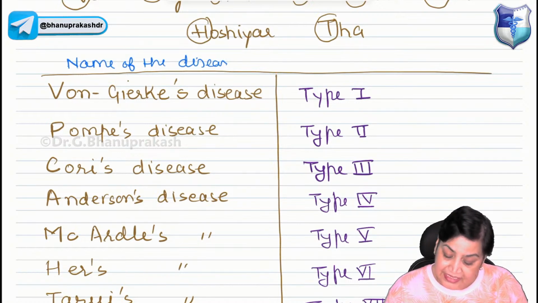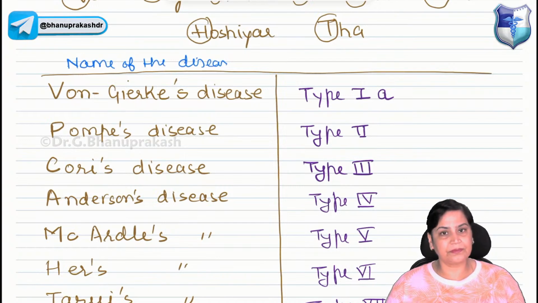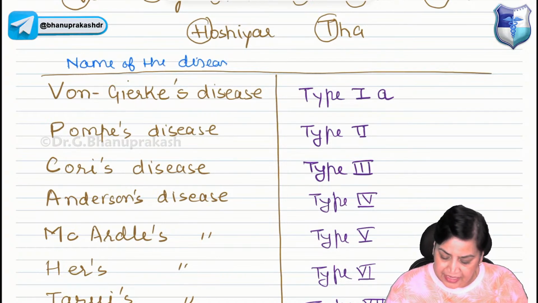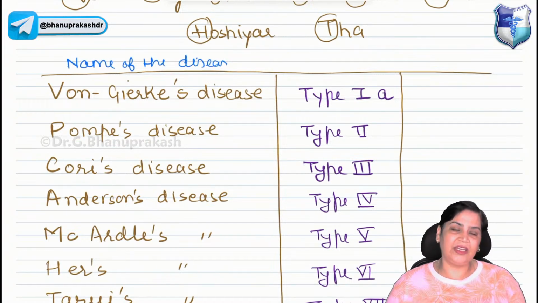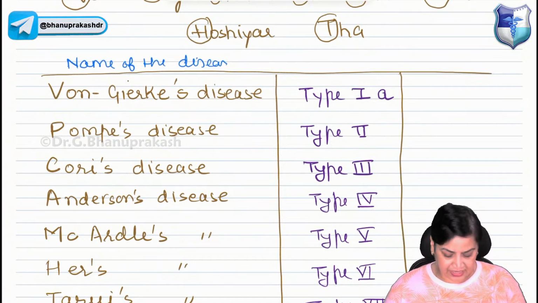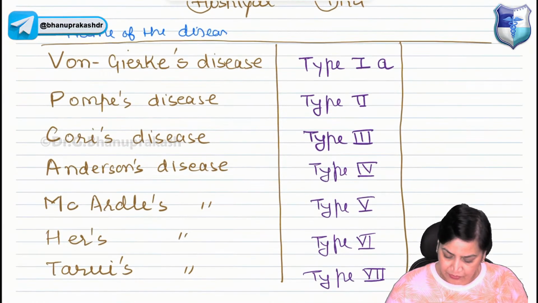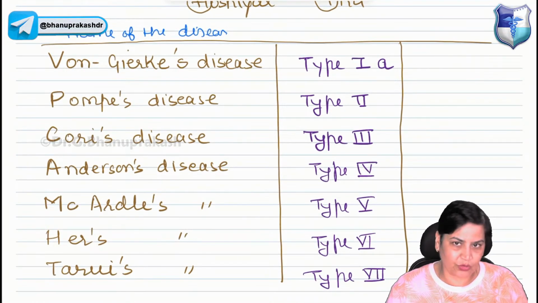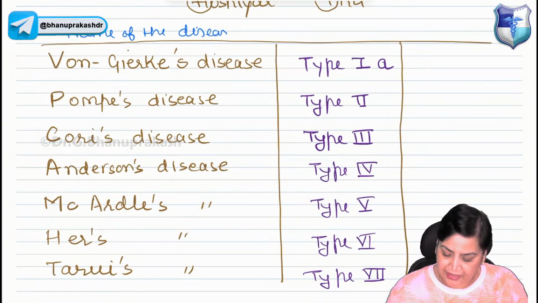And von Gierke's disease is known as type 1A. And then the most important point which you have to actually mug up is the deficient enzymes, right? Because the name of the disease, this is the chronological order, and the enzyme deficient.